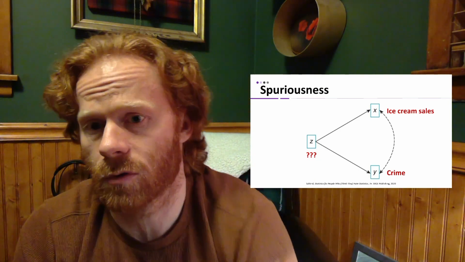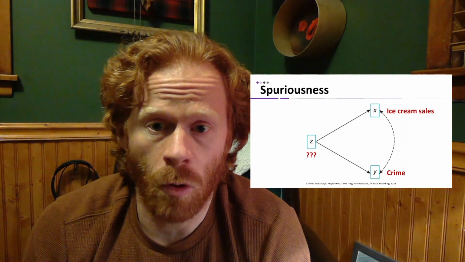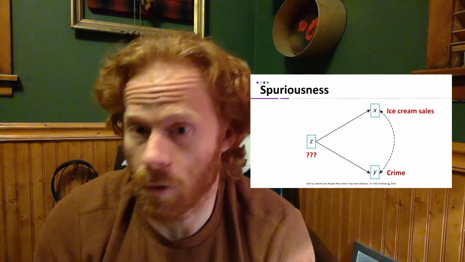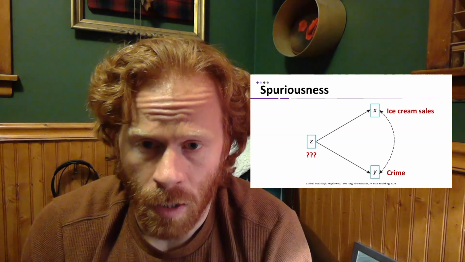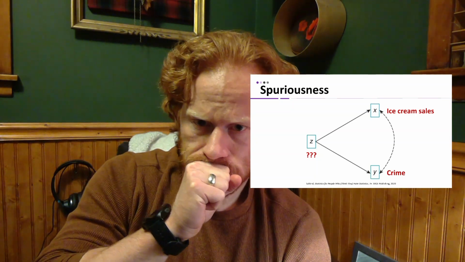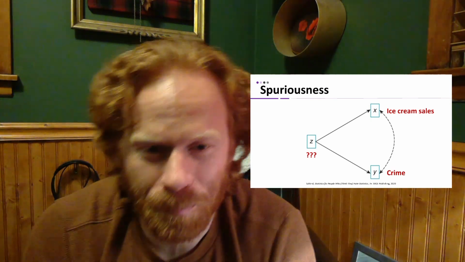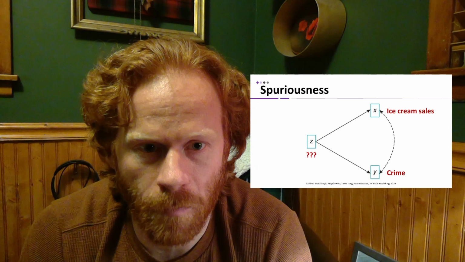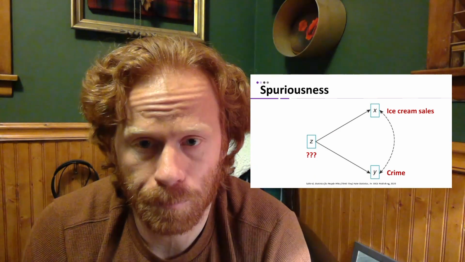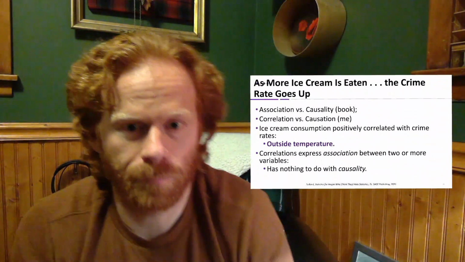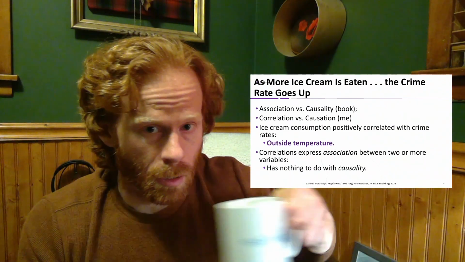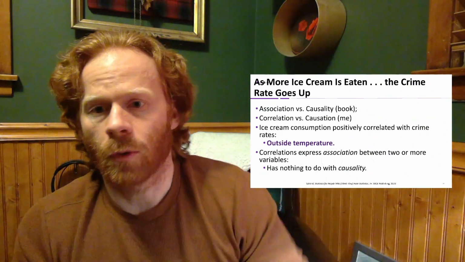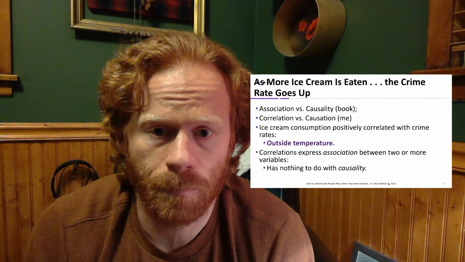So if you look at those two variables, but you omit this other variable of temperature, time of the year, summer, you can just call it summer if you want, then you're ignoring this factor that is going to affect both of these variables. So again, that's having nothing to do with causality.